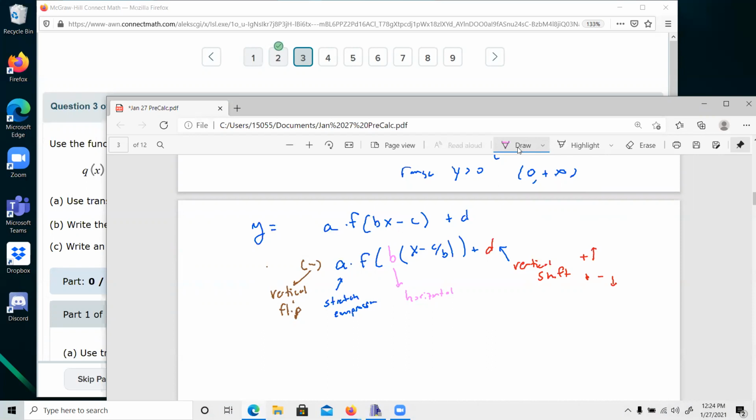So if, right, if B is a big number, B is bigger than 1, then it was a horizontal compression. And if B was smaller than 1, then it was a horizontal stretch.